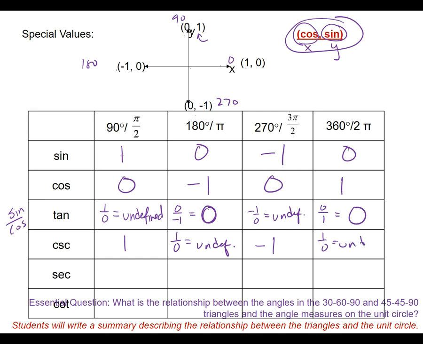It is undefined. The bottom four are always going to have some undefined. The tangent and the cosecant always have undefined.